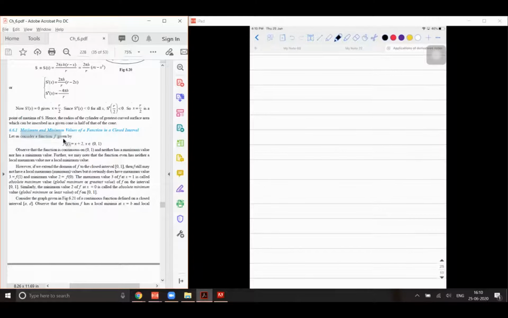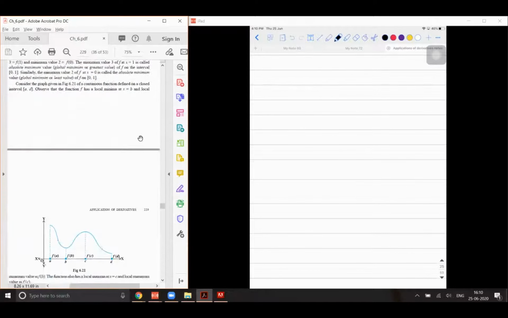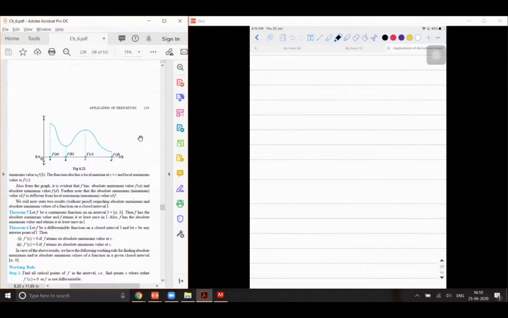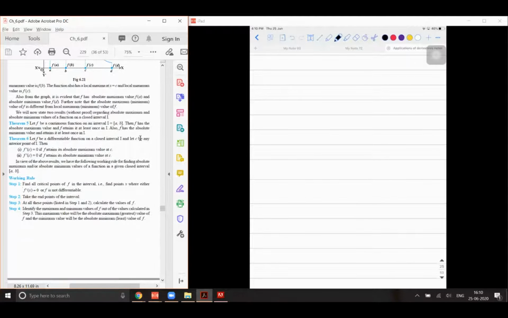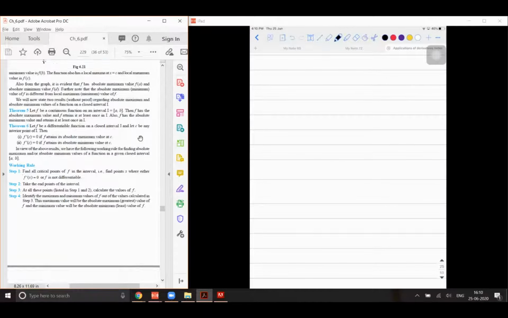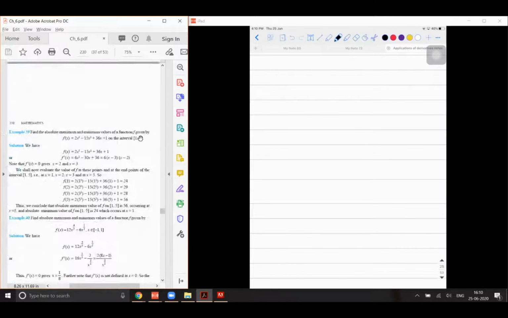So next is maximum and minimum value of a function in a closed interval. I have already explained the concept to you. We can start solving the problem. I'll tell you what we are supposed to do. Example 39. What is the question?